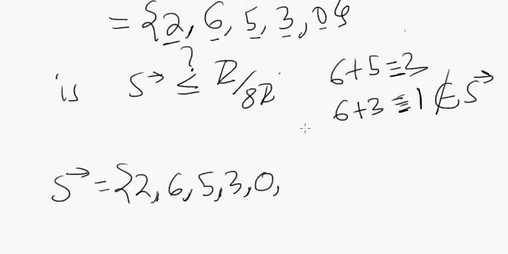Right, so we get {2, 6, 5, 3, 0} and we want to add in everything to make sure that it's closed.